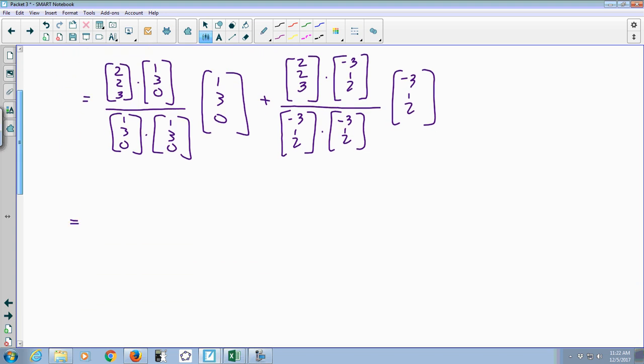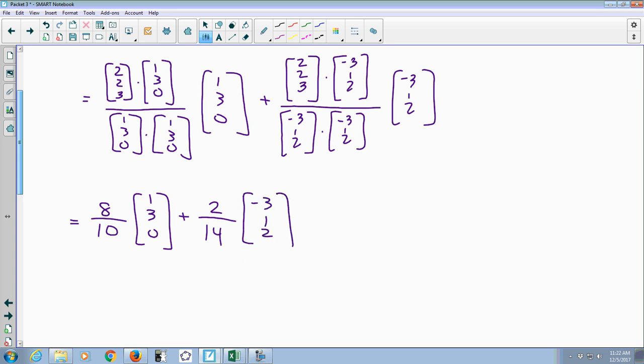Okay, so when I take the dot product here, I have 2 plus 6 plus 0, so that is 8. And then the dot product in the denominator, I get 1 plus 9 plus 0 is 10, times (1, 3, 0). Plus the dot product in the numerator over here is -6 plus 2 plus 6 is 2, and in my denominator, I have 9 plus 1 plus 4 is 14, times (-3, 1, 2).